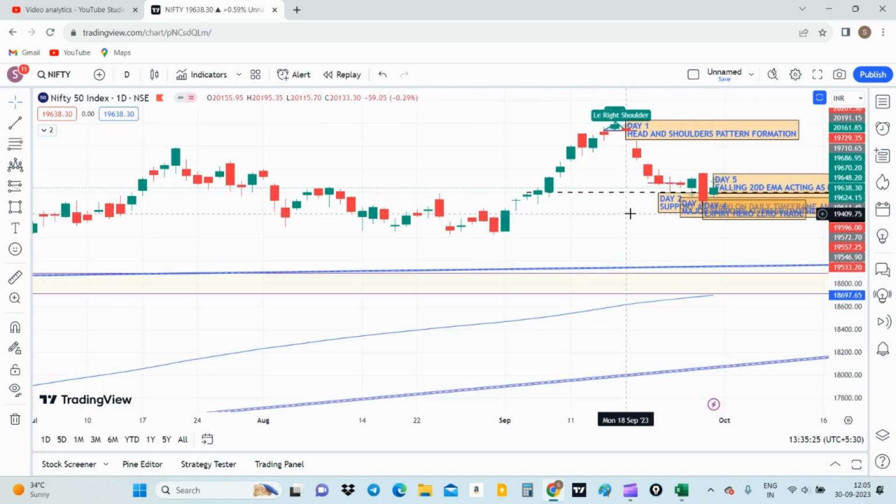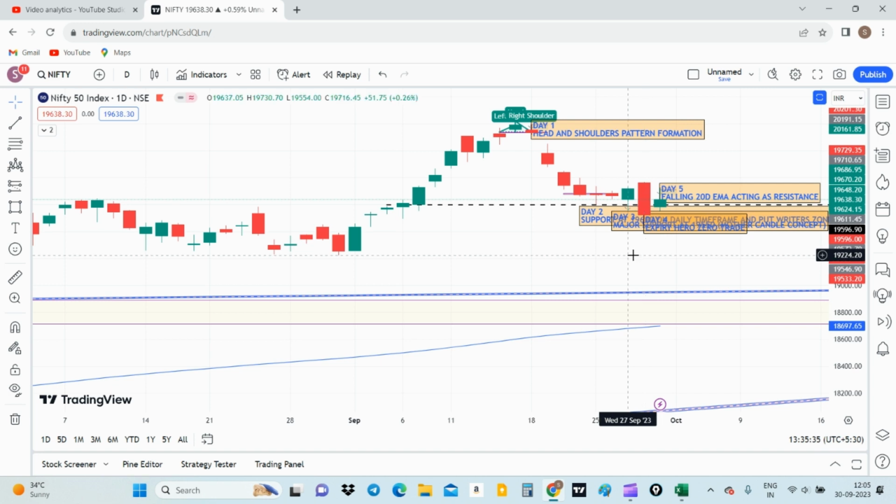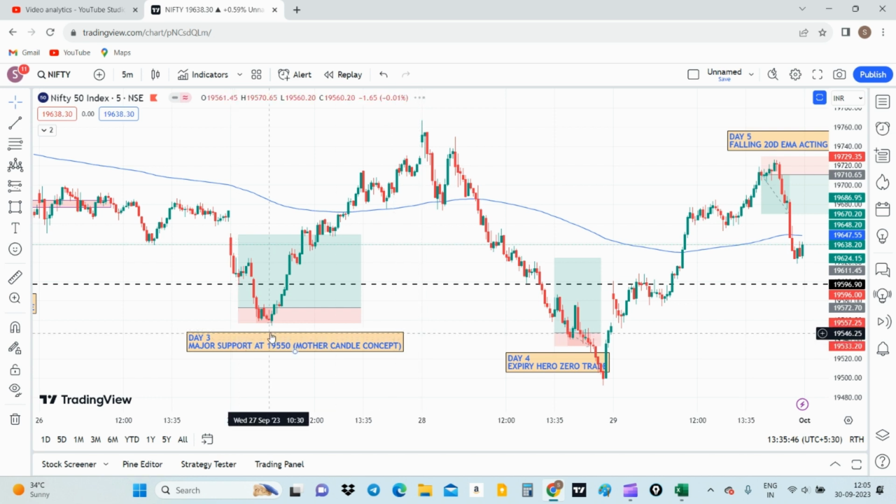On 7th September, the range was around 19,750 high, and the low was around 19,550. On the 5 minute time frame, the low of that day was 19,554 to be precise.